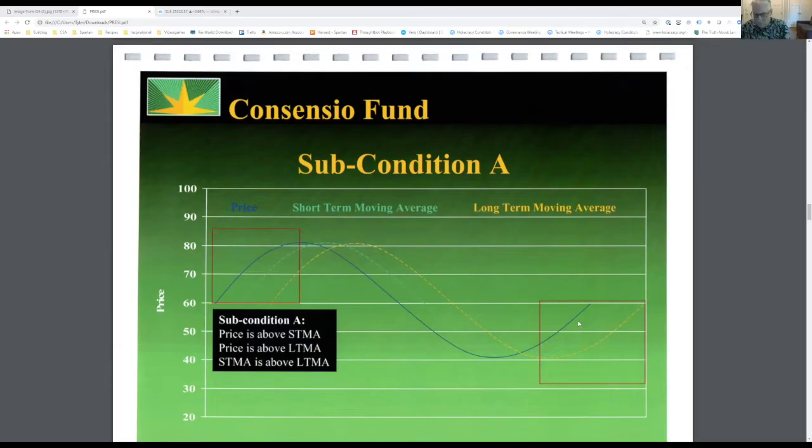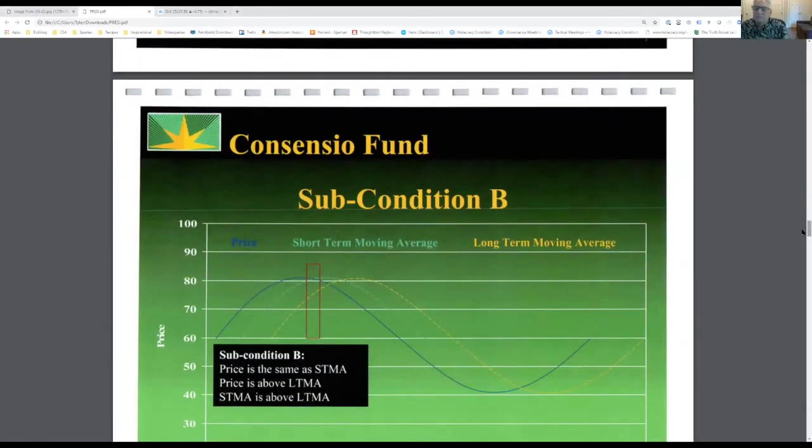Okay, what I would like to do now is take a look at subcondition B. Subcondition B must always occur before you go from a bull to a bear market. You can't get into a bear market without doing subcondition B. And subcondition B simply means the price is the same as the short-term moving average, right here.